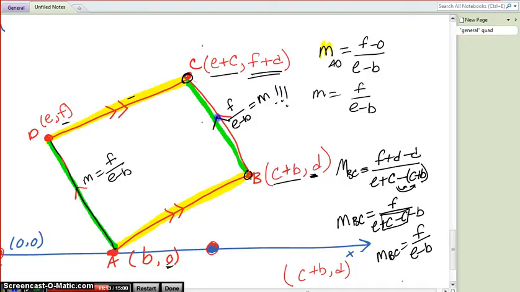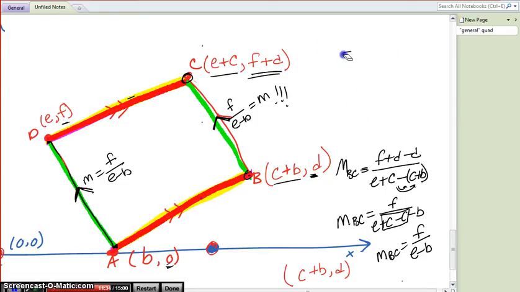These two sides have been determined parallel. If we can do the same thing for these other two sides, that's this guy here and this guy here on this generalized quadrilateral, then we will have our proof. So let's work on those two additional slopes.